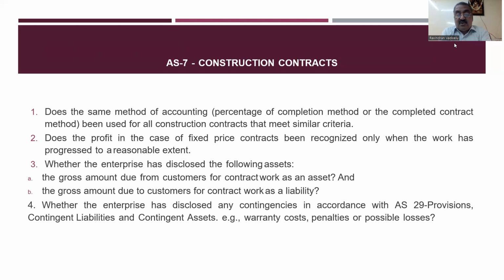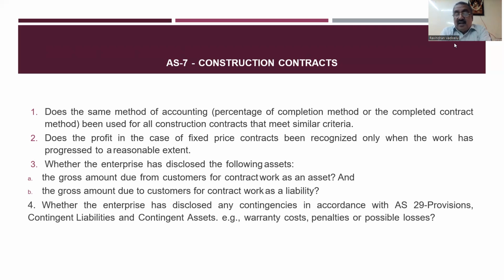Whether the enterprise has disclosed any contingency in accordance with AS 29 provisions, contingent liabilities and contingent assets, that is, any warranty costs, penalties and possible losses. What is warranty? Suppose I have completed the building, but due to some quality issue, if there is any deficiency in services, then the company has to reimburse it.